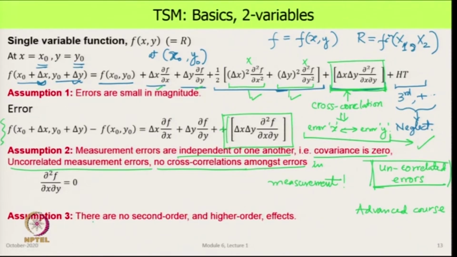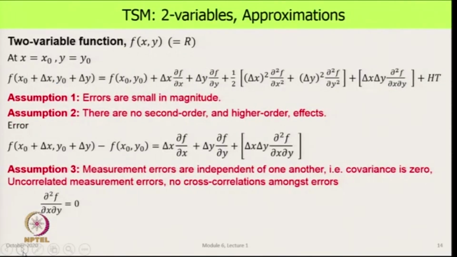And the third assumption, we have already said that we ignored these terms here, that there are no second order and higher order effects. So, in addition to this first assumption, which was there for the one variable function, we now have two more expressions coming in. And if these assumptions are satisfied, so these are nothing but the same assumptions rewritten here.